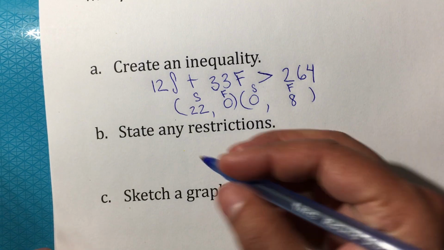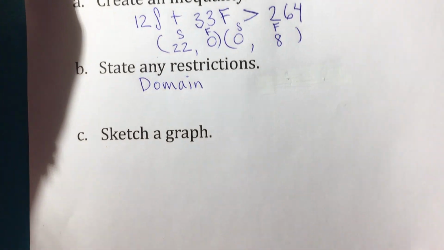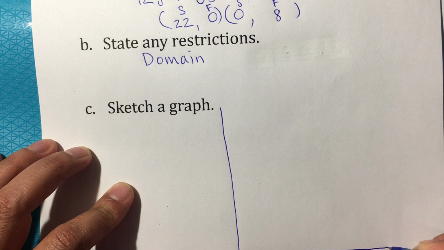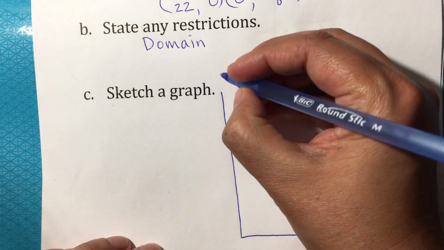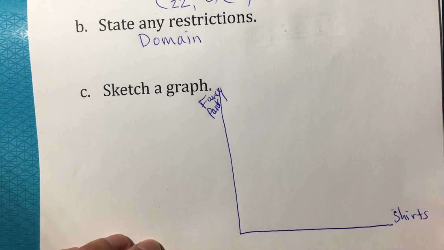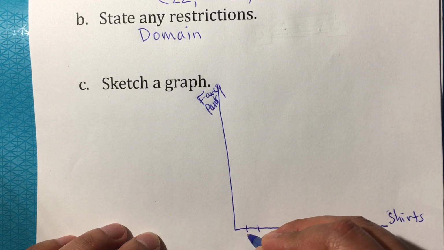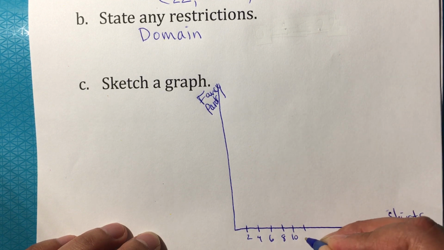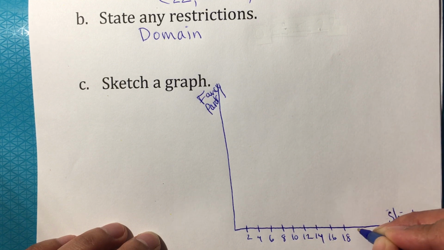So what does that mean for the restrictions for the domain? I wanted to do the restrictions first, but let's do the graph first so that it makes more sense once I'm explaining the restrictions. So if these are the shirts and these are the fancy pants, let's count by 2, even though it's going to take a little longer, but that's okay. 2, 4, 6, 8, 10, 12, 14, 16, 18, 20, 22.